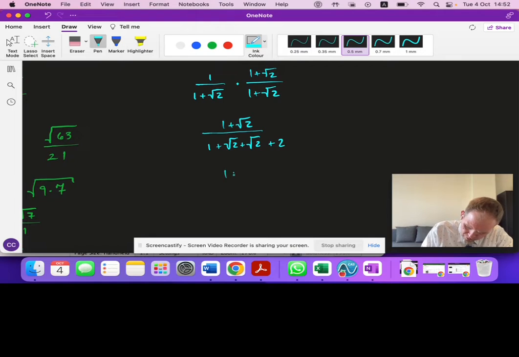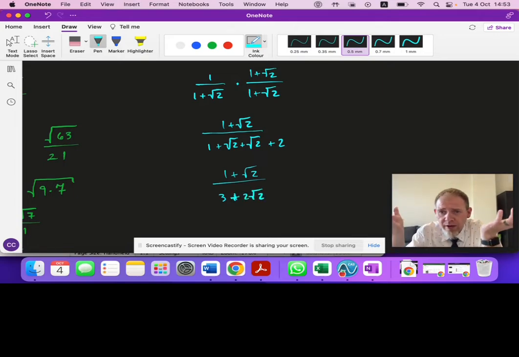So this would turn into 1 plus the square root of 2 over 3 plus 2 square roots of 2. I haven't gotten rid of a radical. So what we have to do is use something that we know gets rid of that middle term. Perfect squares doesn't do it.